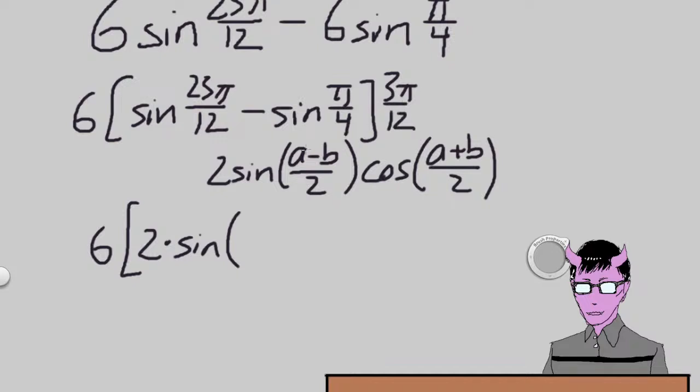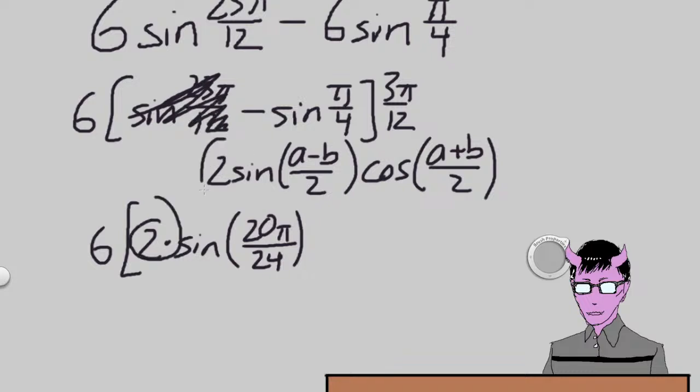Alright, so a minus b. So that's going to give us 20 pi over 12. Alright, so we're done applying this first part. Oh, no. Don't forget to divide by 2. So not over 12, over 24. Alright. Now that's done to the first term.